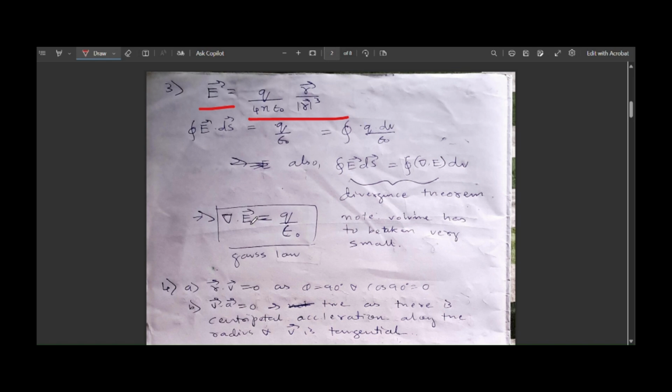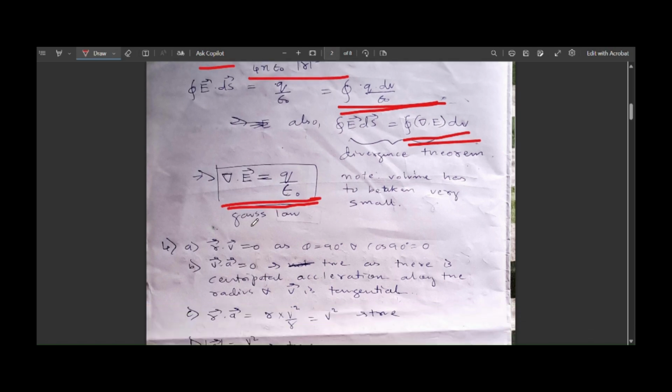So from here, by equating this with this one, we can arrive at the expression which is required. This is also known as Gauss law. We may be familiar with it.